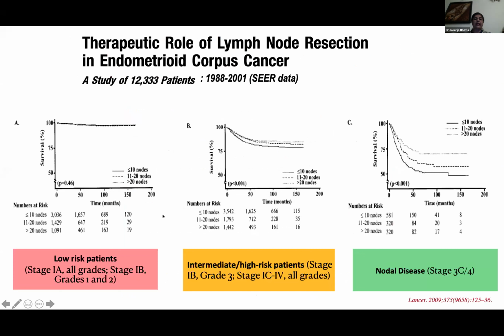So obviously, like any SEER analysis, it is retrospective, but very powerful numbers, and clearly shows that for the low risk, there is definitely no difference. Even in the intermediate risk, the difference does begin to come, but not as marked as it is when we go into the stage 3C kind of nodal disease. Next slide, please.